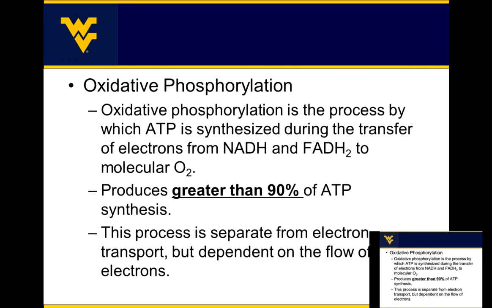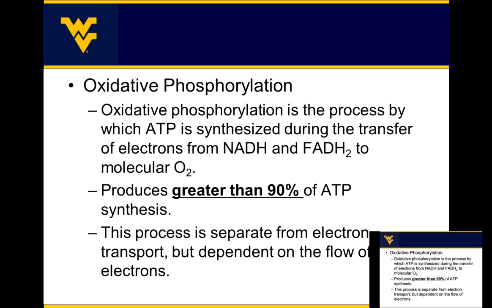Okay, so what is this whole process called? Well, we call this oxidative phosphorylation. Now again, that's a fancy name for nothing more than using molecular oxygen to rephosphorylate an ADP. And this is all the things that I was just talking about in the process.